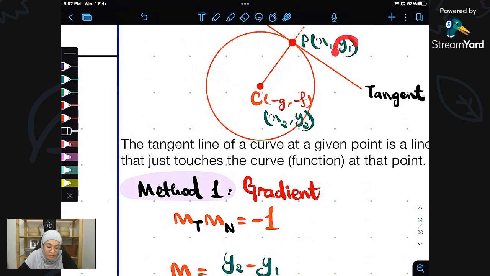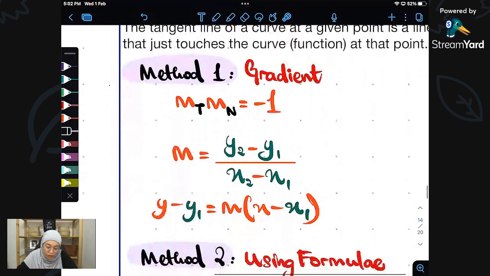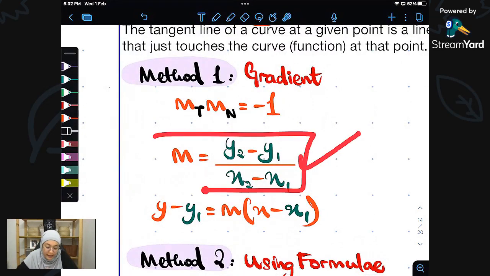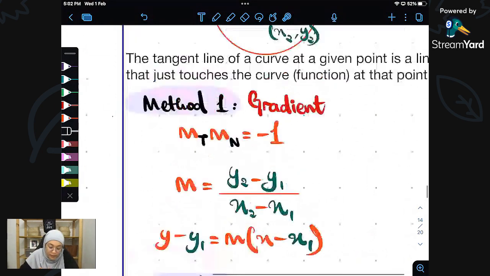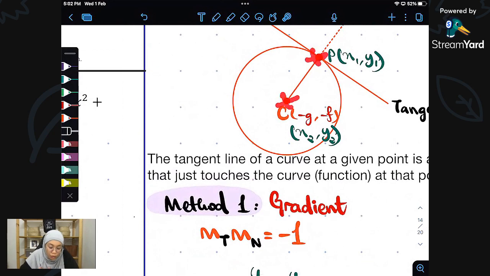Whether you use y2 minus y1 or y1 minus y2, it will give you the same thing eventually. Just make sure you have two points over there.